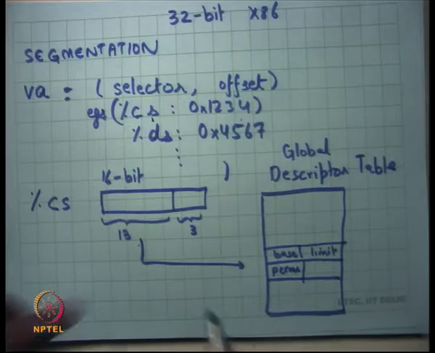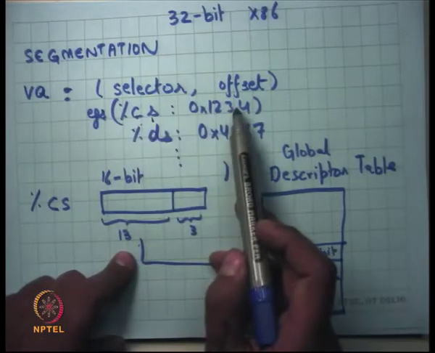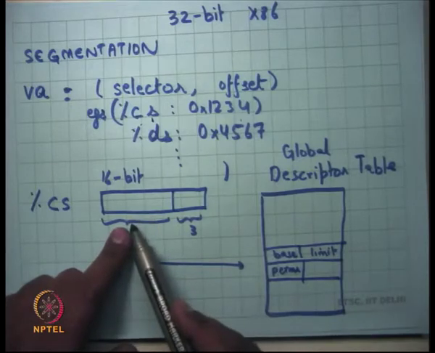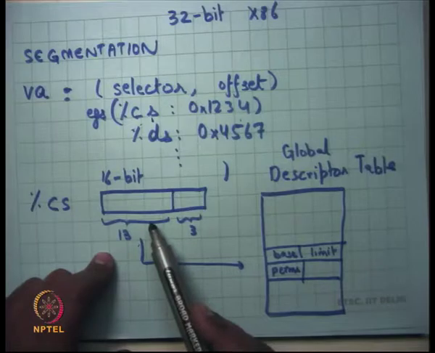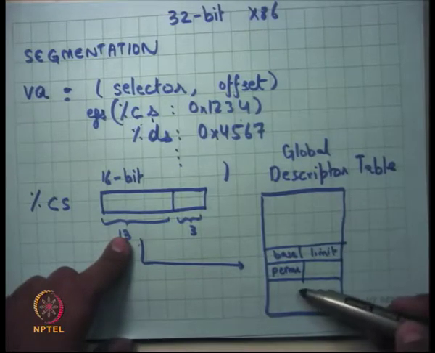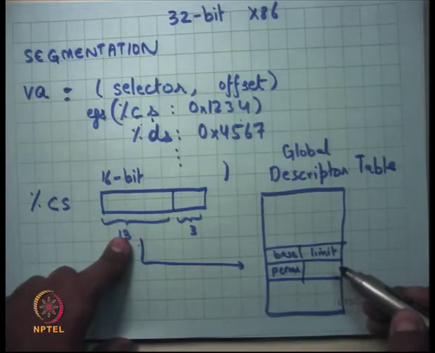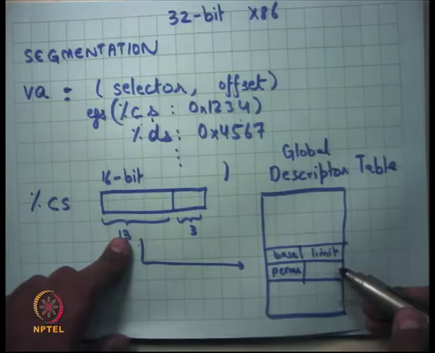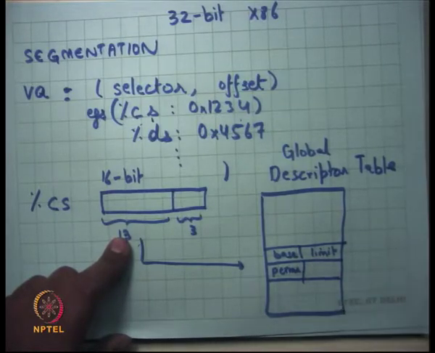So what's happening? If the application specifies CS:0x1234, I'm going to look at the CS register. I'm going to take the top 13 bits of the CS register, use it to index this table, which we call the global descriptor table, to get an entry. This entry will have values which say base, limit, permissions, among others, right.